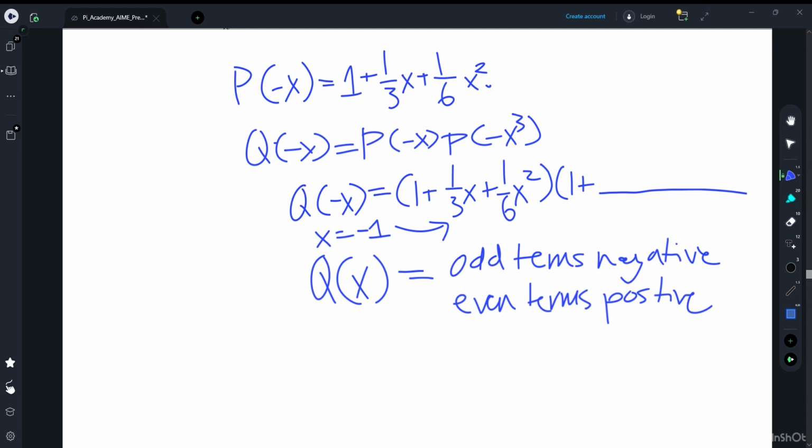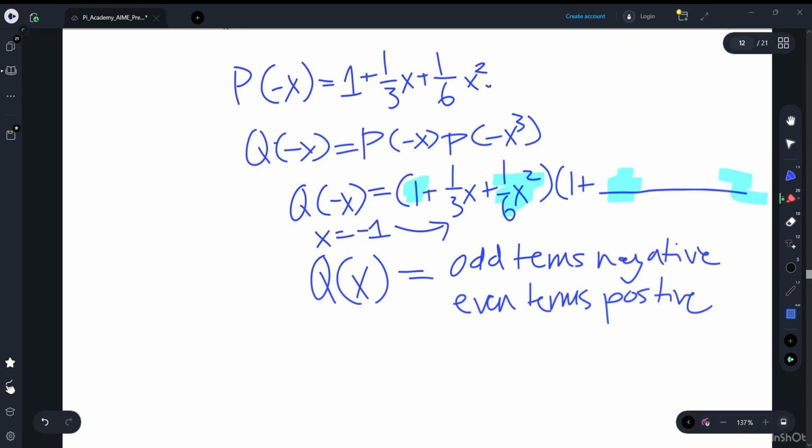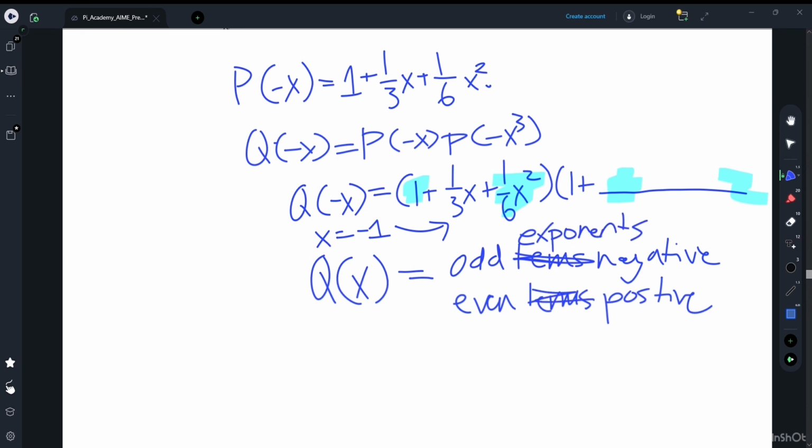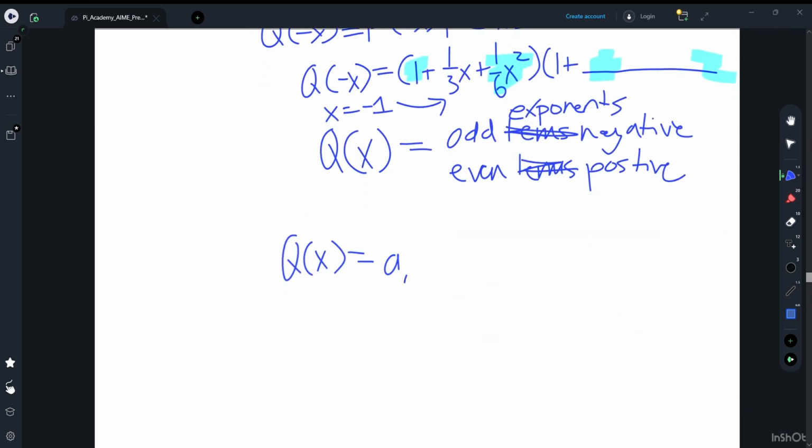Essentially plugging in x equals negative 1 into this entire equation. And if we do, we see that this is positive, positive, positive, positive, and negative, negative, negative, for the exponents. So now we see that q(x) is equal to, according to this summation, a0 plus a1x plus and so on to a50 x to the 50.